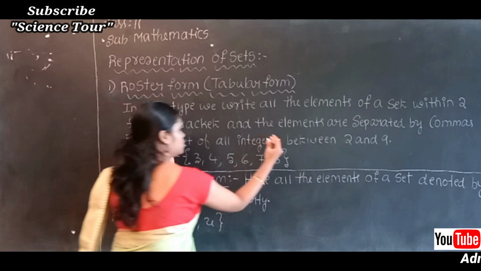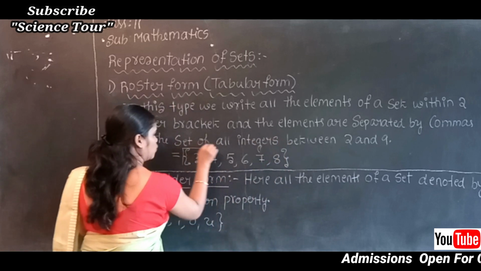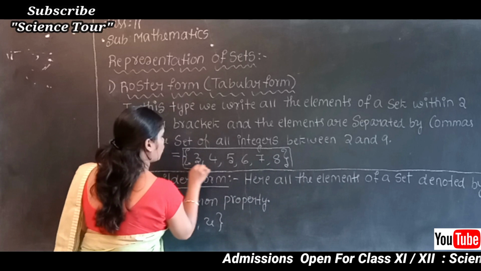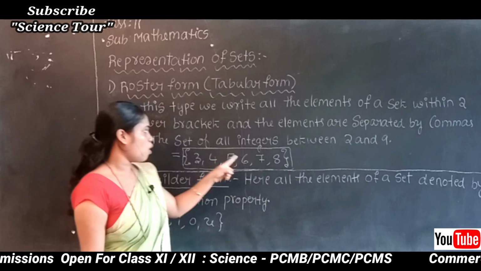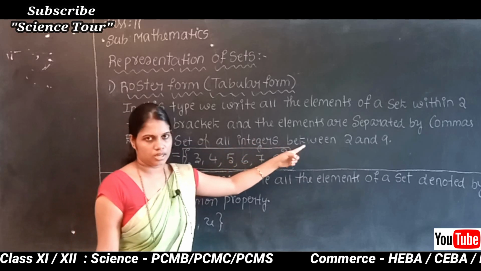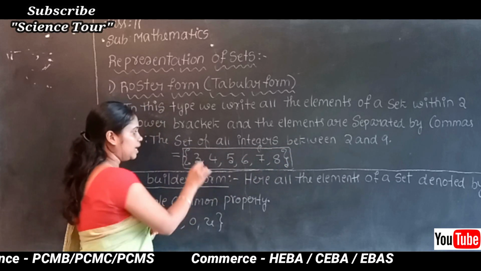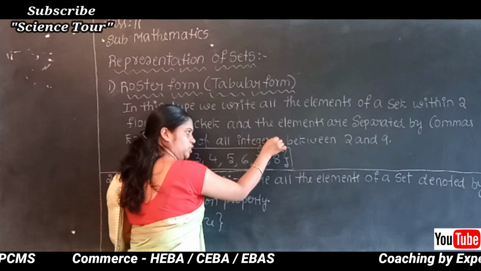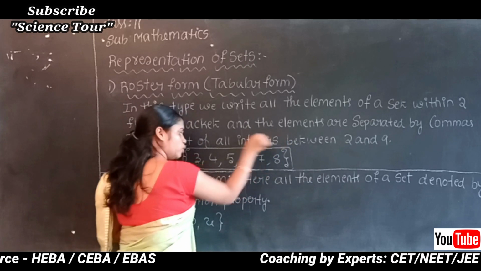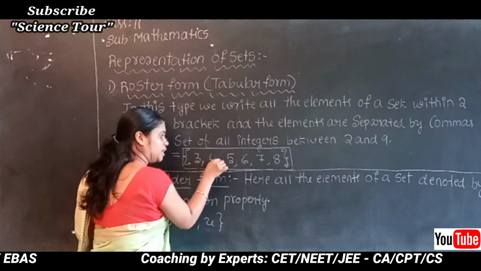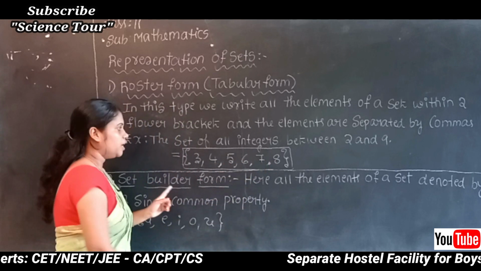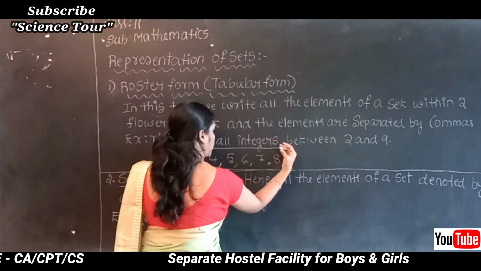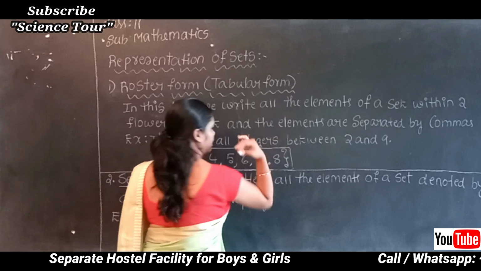So this form is known as the roster form of this given example. Understood? So here we'll write each element of this set, and the elements are separated by commas, and also the elements are enclosed within two flower brackets, isn't it?